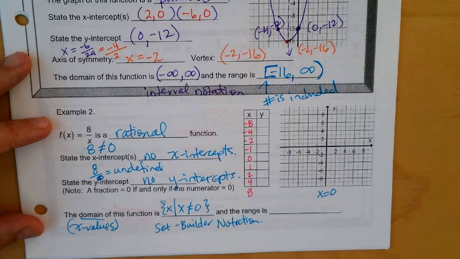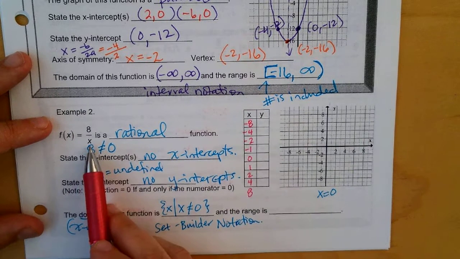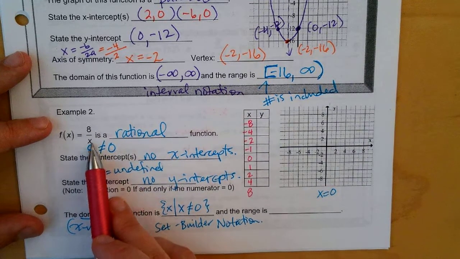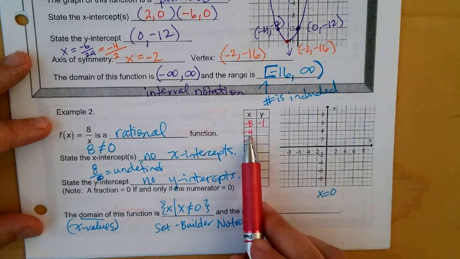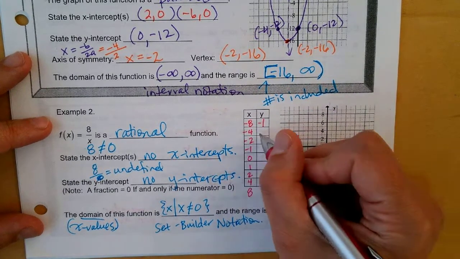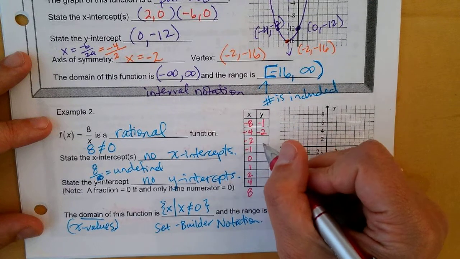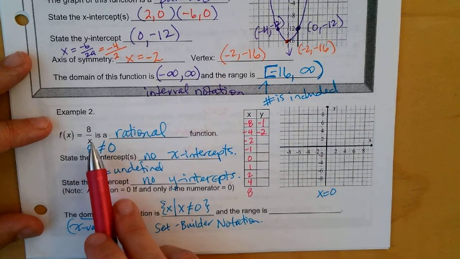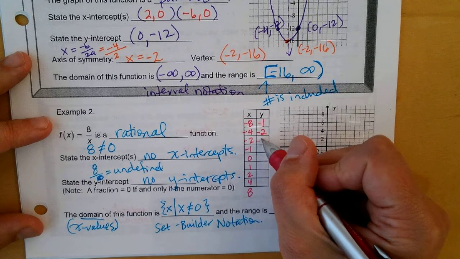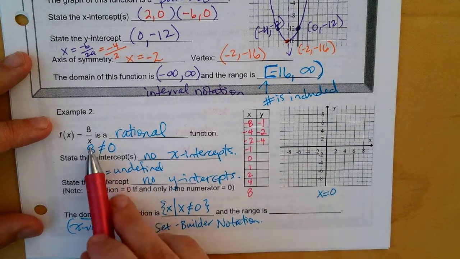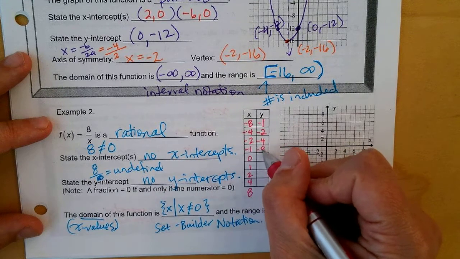So let's go ahead and plug in these numbers. If I plug in -8 for x, I'm going to get f of -8. What's 8 divided by -8? Yes. What about -4? Yeah. 8 divided by -2 is? And 8 divided by -1 is?